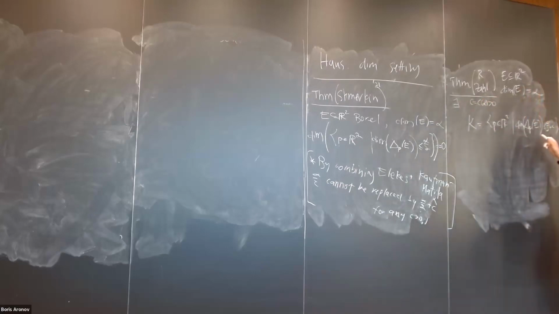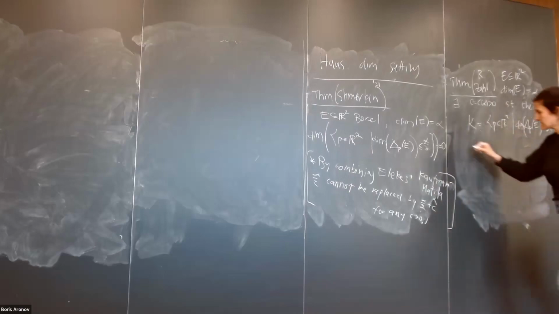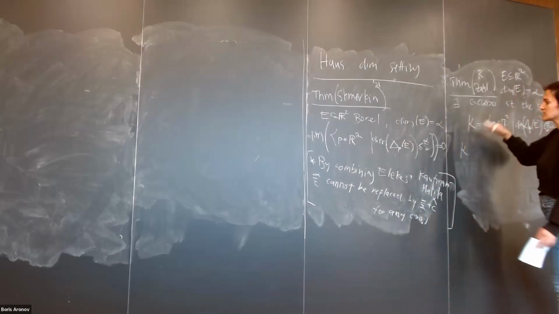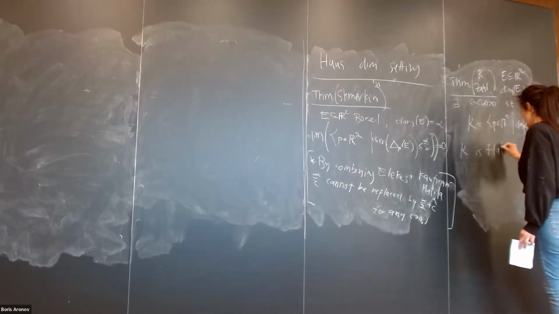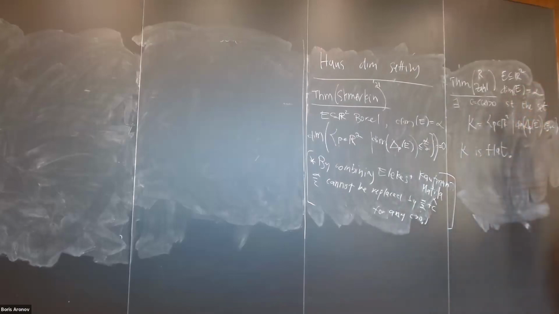So now let's look at the set. We cannot say that the set has dimension 0, but what we can say is that it has some special structure. We show that K is flat. I need to explain what flat means.